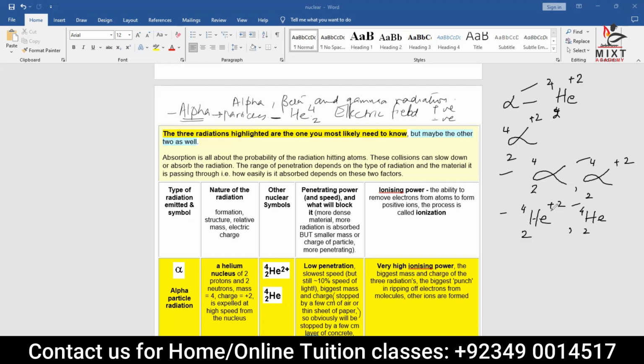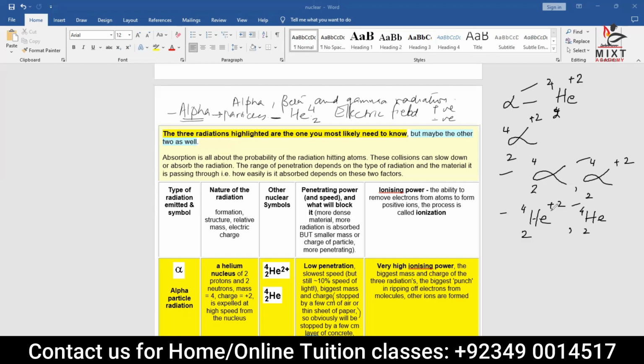If they are positively charged, in an electric field which electrode will they deflect towards? Yes, Alicia and Manu, positively charged, right? The cathode, negative. So that's our point: alpha particles deflect towards the cathode, which shows that alpha particles are positively charged particles.